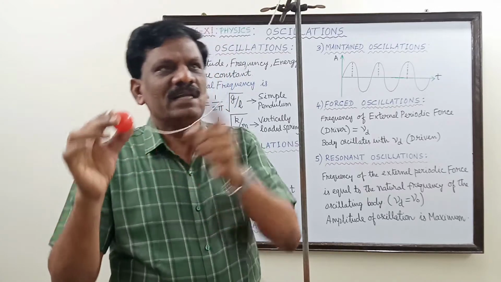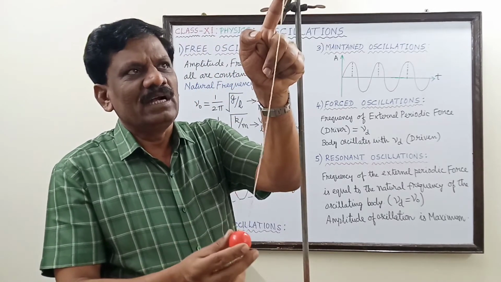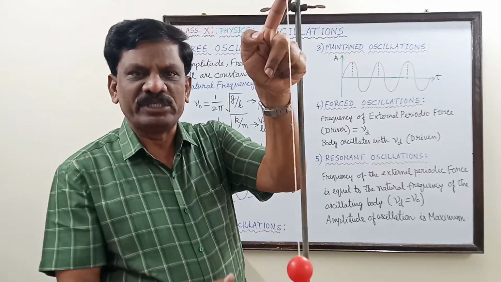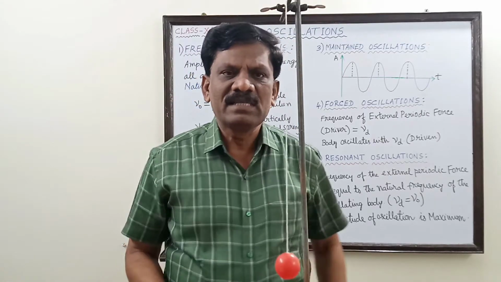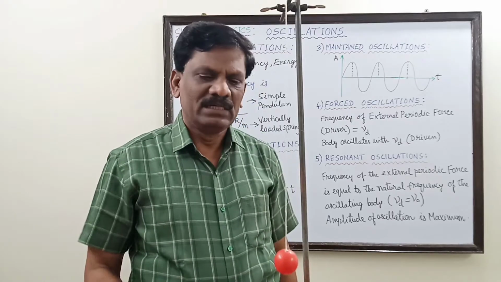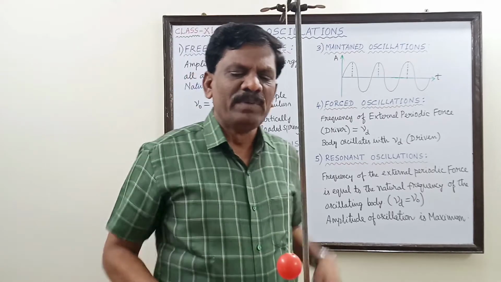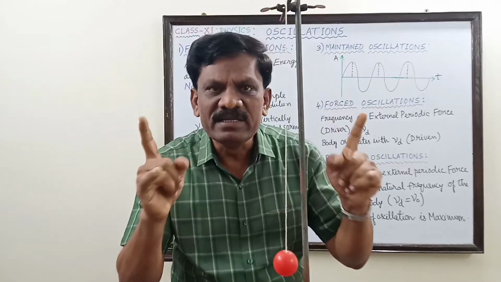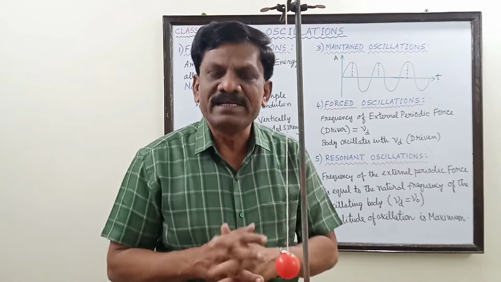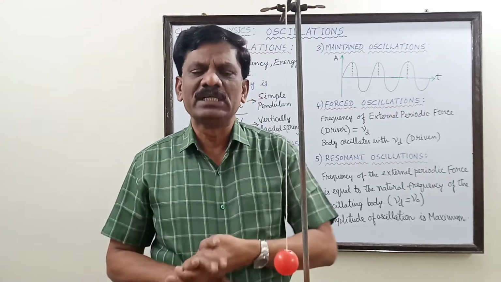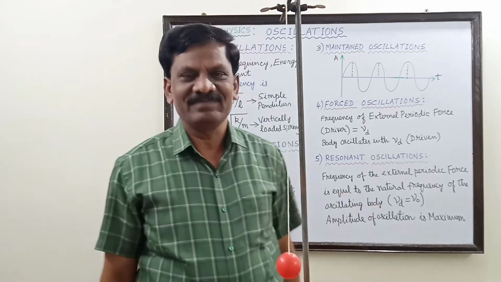Okay, now you all can see that a mass is attached to the free end of a string and another end of the string is attached here at the point of suspension. So this system is called a simple pendulum. Now when the simple pendulum is undisturbed or at rest, it is said to be in equilibrium position or mean position.